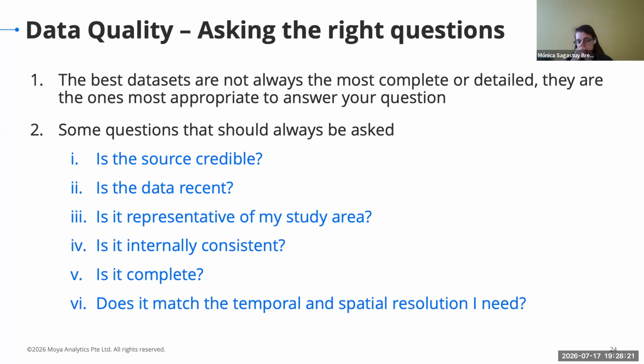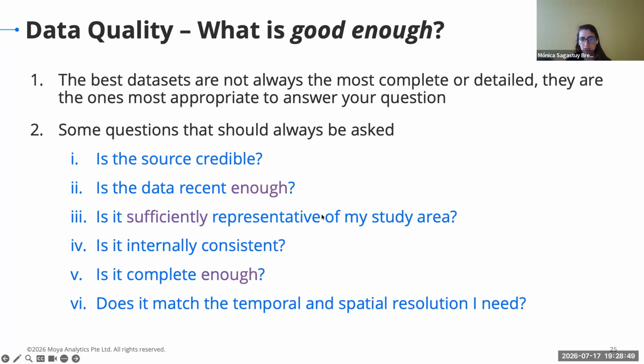Is this representative enough? It might be. Is it internally consistent? Do we have consistent data within each other? Is it complete? We've seen that this can often not be the case, but can we get complete enough data? And does it match the temporal and spatial resolutions that I need? These are some good questions to get started to see whether your data is going to be useful for your modeling.